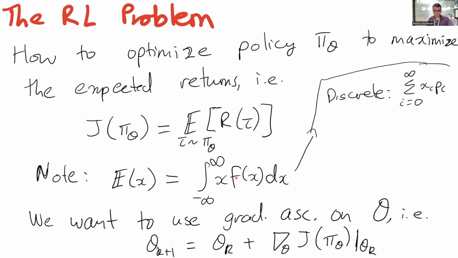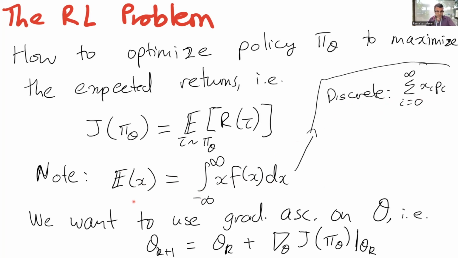You can think of it as, what is the expected value if I keep drawing x infinitely many times? They should converge onto some particular value. So the expectation of this random variable x is given in the continuous case by this expression, and in the discrete case by this expression.